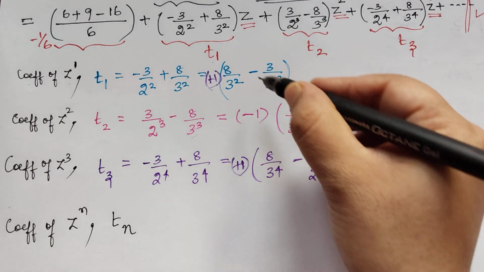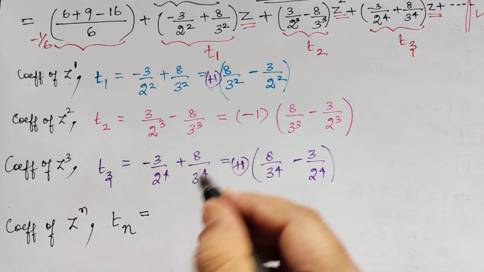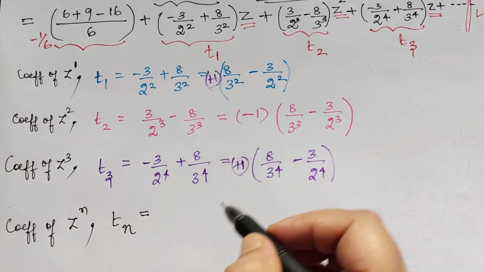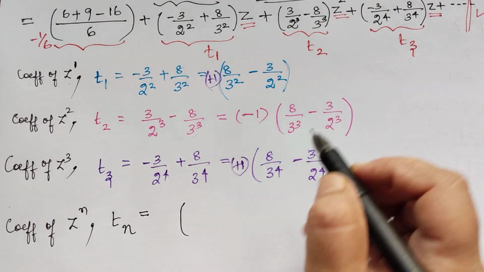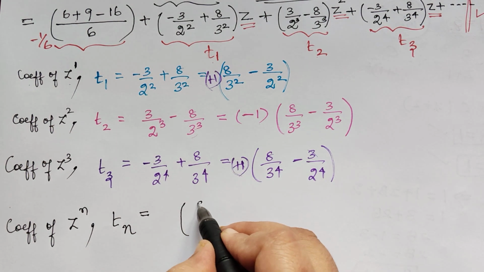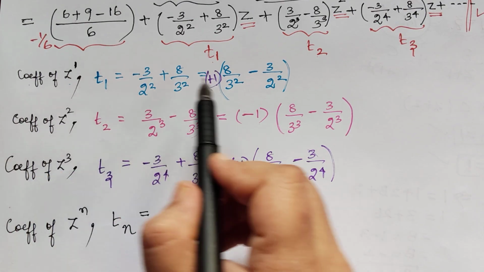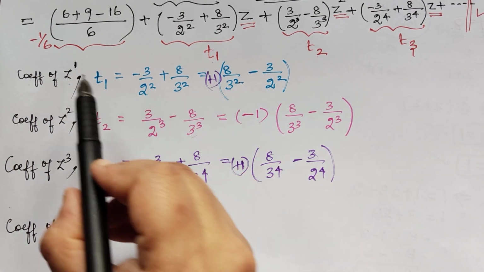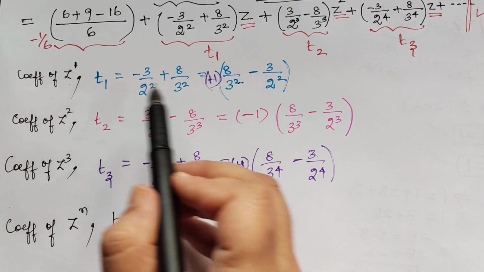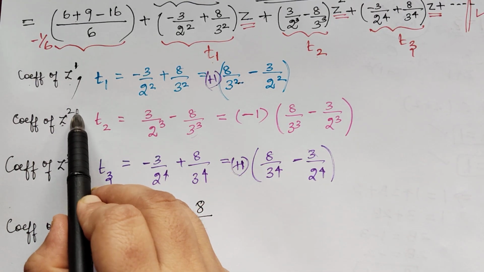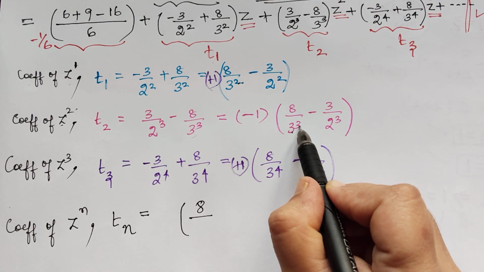Now we will write using this form. So Tn will be equal to the outer negative 1 power; I will decide it. Before that I will write whatever is there in the bracket. In everything, 8 is the numerator. So 8 divided by, when it is z power 1, here you have 3 square. The power is raised by 1 for 3. When you have z power 2, here the power is 3 power 3.